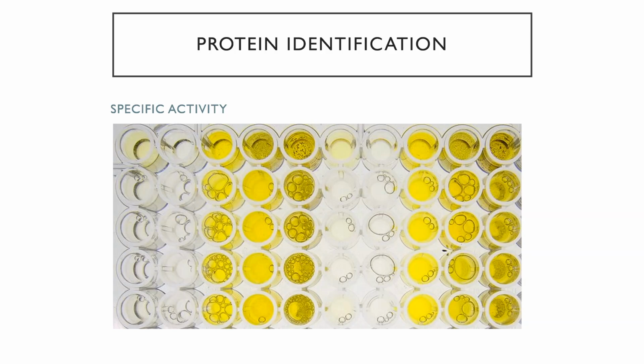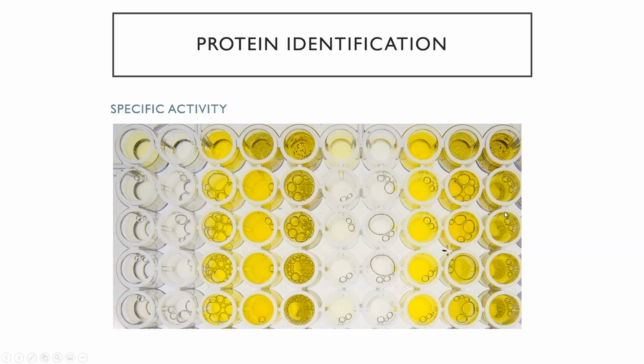Sometimes you can use special substrates for enzymes that turn colors when they react, either changing from one color to another, or their color goes away, or a color appears. And so you can measure the activity of that enzyme by how much color appears in your wells. There are other indirect ways to view other types of proteins as well.